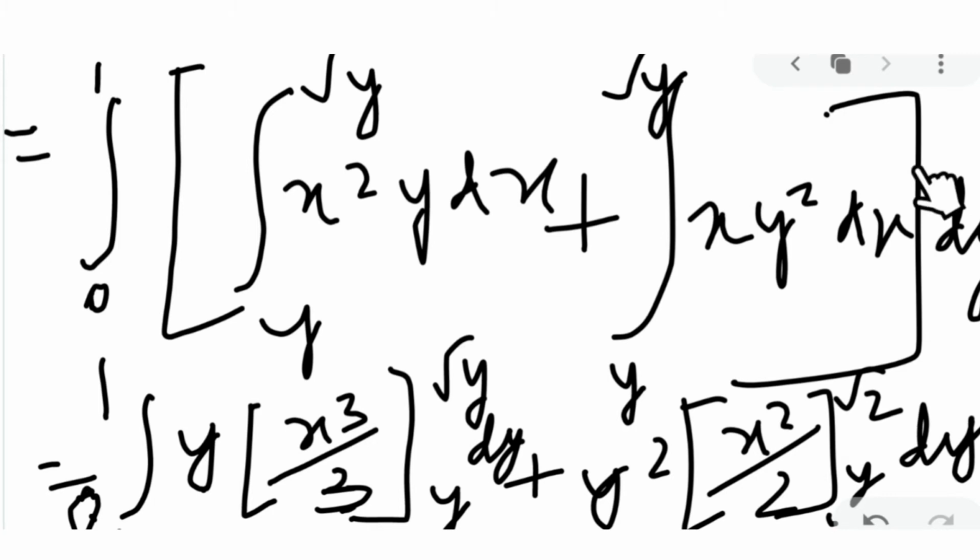Here we are multiplying this dy to this integration and this integration, so we get this.